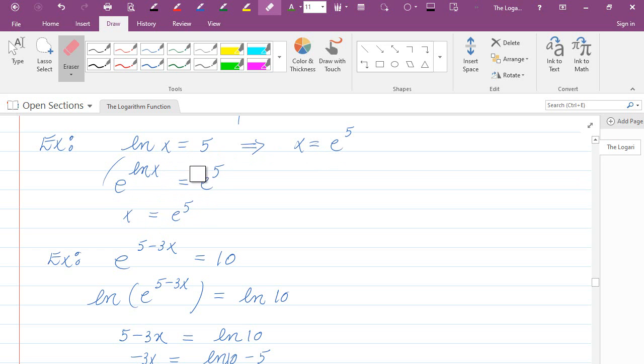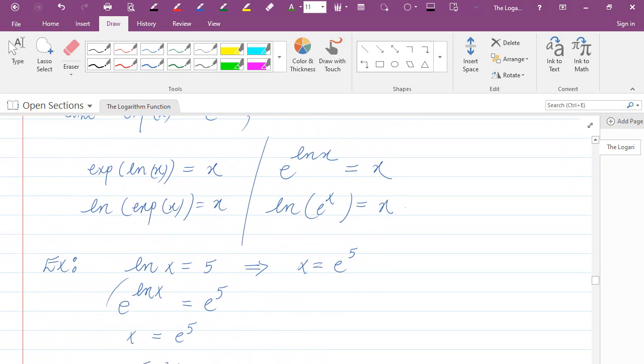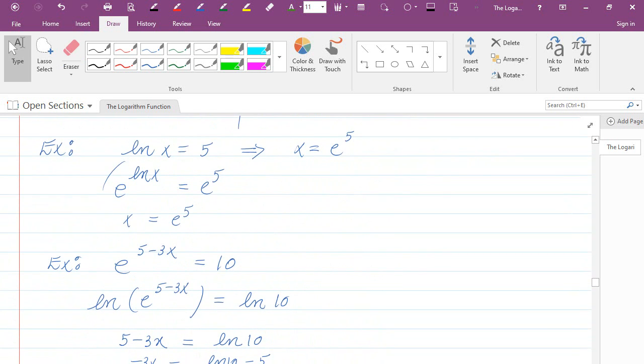So we can do e to the power 5 and e to the power ln of x. If these two are equal, then these two are equal because the exponential is a one-to-one function. But e to the power ln of x is the same as x. So here we're getting x, and that's equal to e to the 5. Even though we don't really need these two steps, we can go from here to here directly just by the fact that e to the x is the inverse of the ln function.